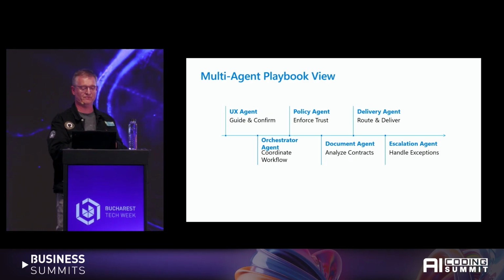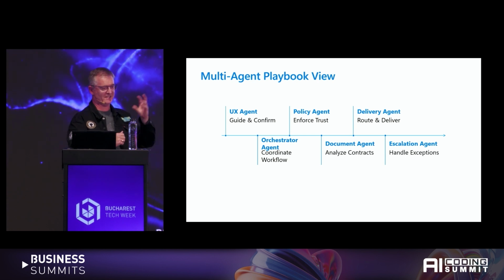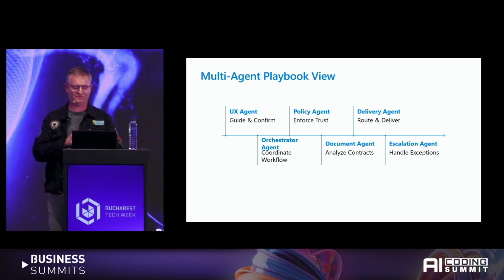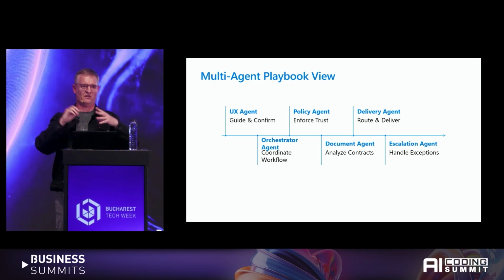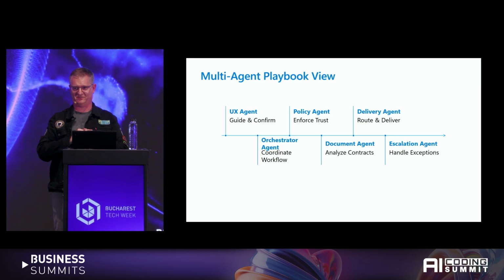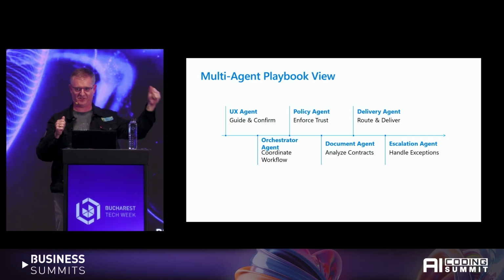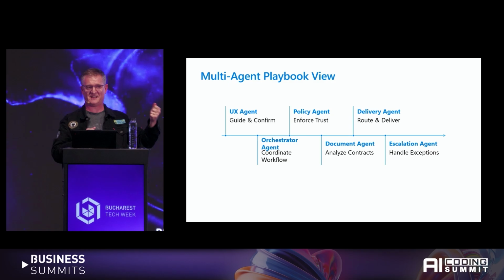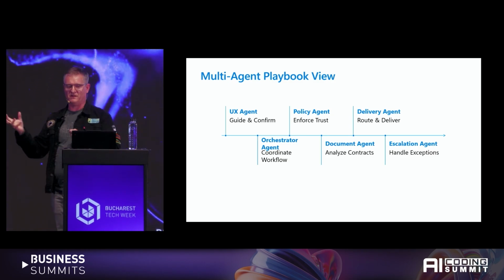So what we want to do is look at how a multi-agent solution actually works in an example. First of all, we're going to have these different agents. This is a multi-agent solution. We've got a UX agent who's going to be what we call the orchestrator. He's going to guide the other agents to make the right decisions. And if it doesn't make the right decision, he's going to ask a human in the loop to be the exec authority. We've got a policy and trust agent.